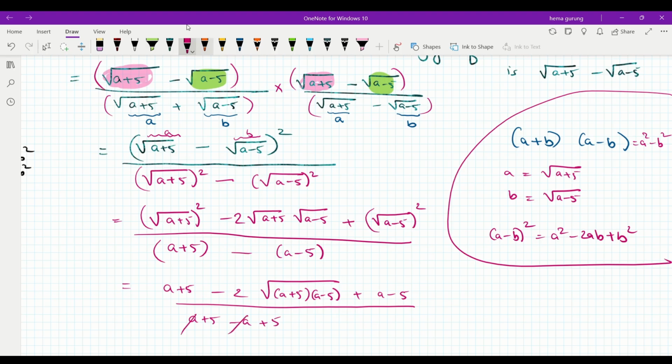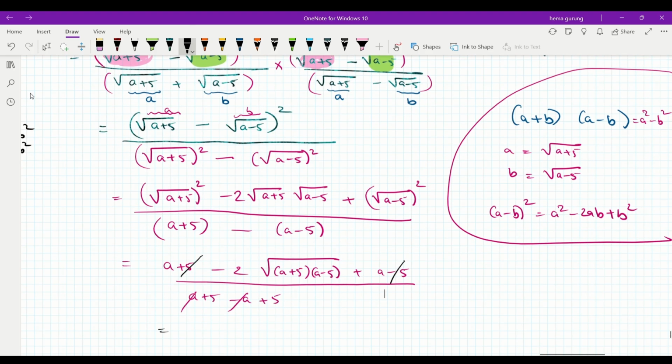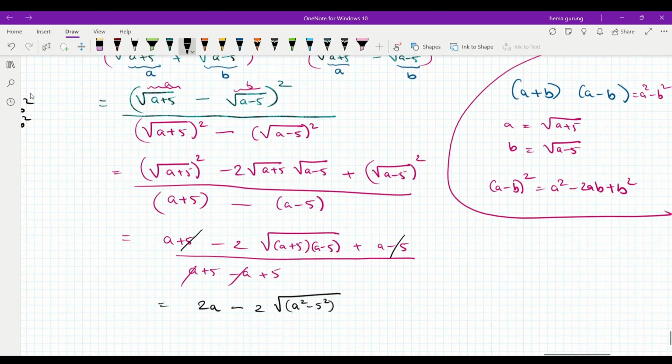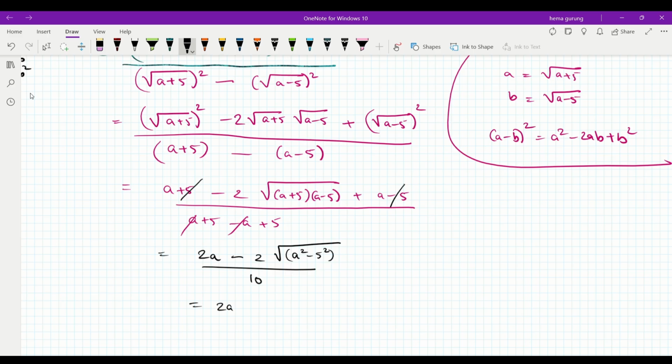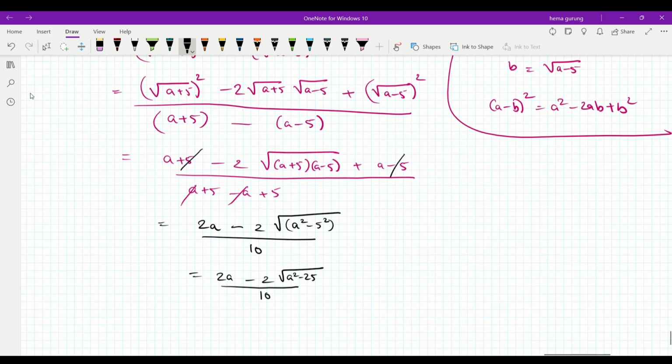This and this get cancelled. Again, we can cancel 5 and −5. What will you get then? You'll get a + a, 2a − 2√(a² − 5²), divided by 10, which can be further written as (2a − 2√(a² − 25))/10.